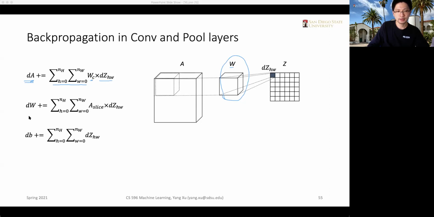The dW also needs to use the A slice, which is the elements within the cube defined by the region of the filter, and the dW is just the dZ itself. These equations are basically an analogy to the backpropagation equations used for a regular network. Essentially, this is the same backprop algorithm that needs to be implemented.